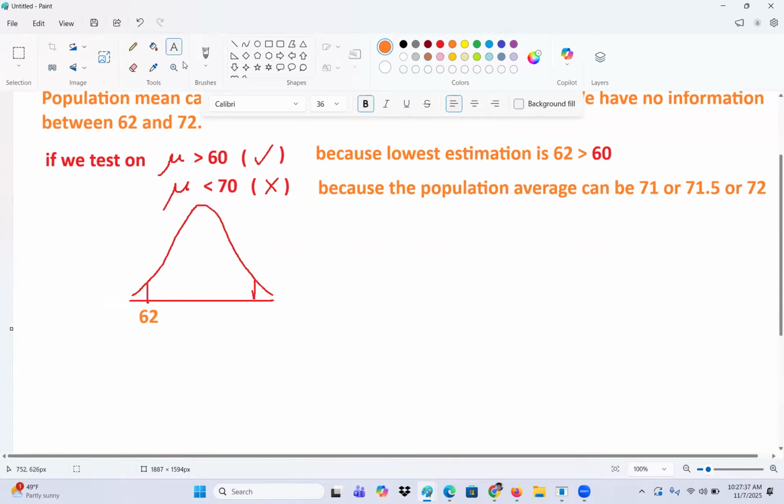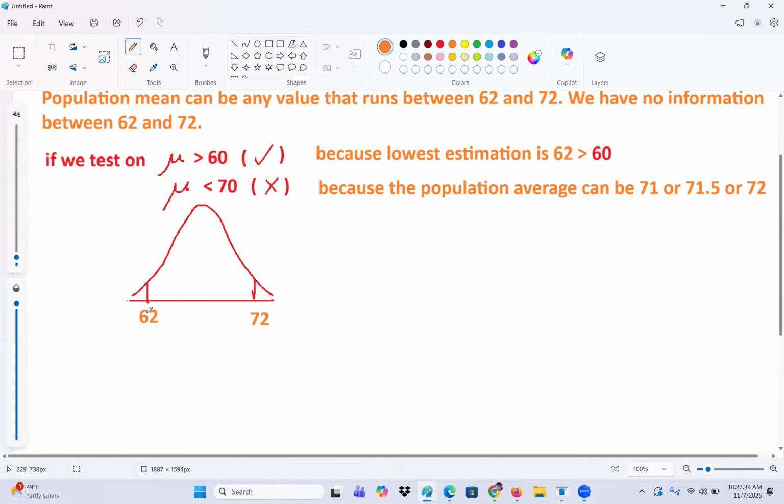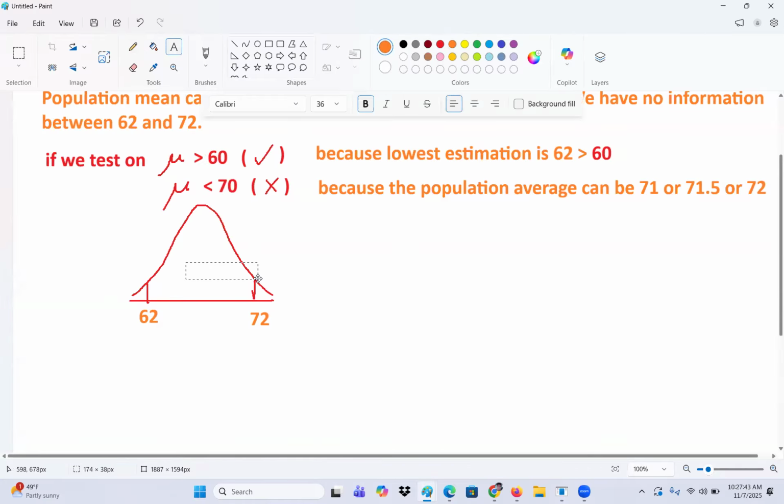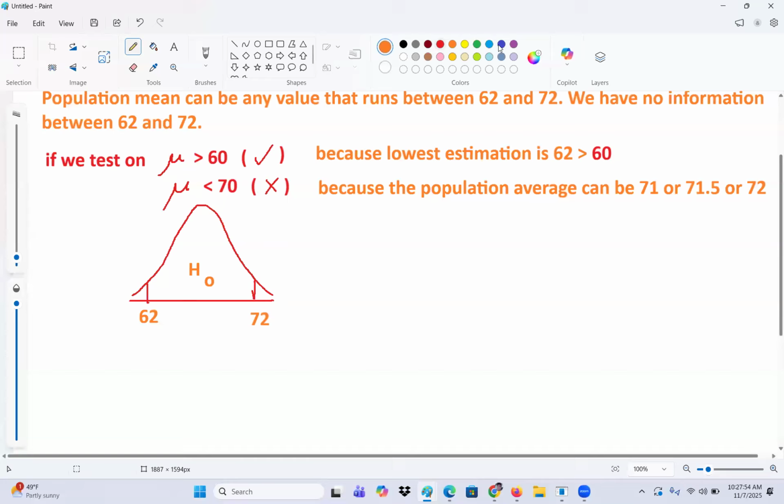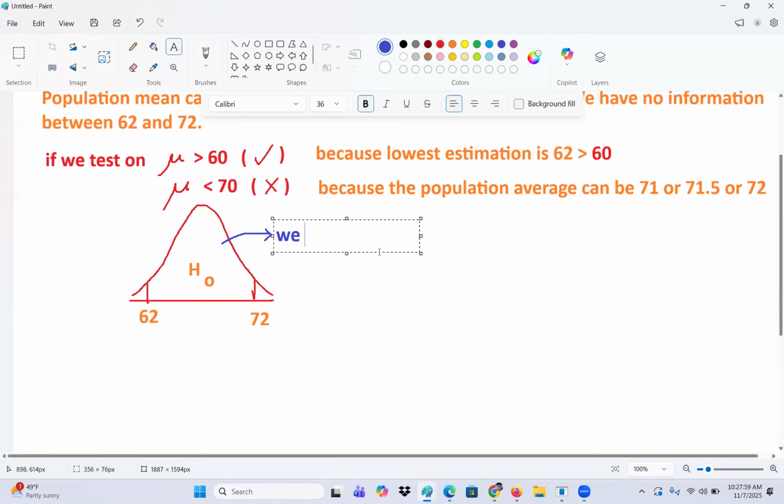The mean can be anything between 62 and 72. So we can't say anything for that. We call this one H0, the null hypothesis. So we have no information at all on the null hypothesis, right?